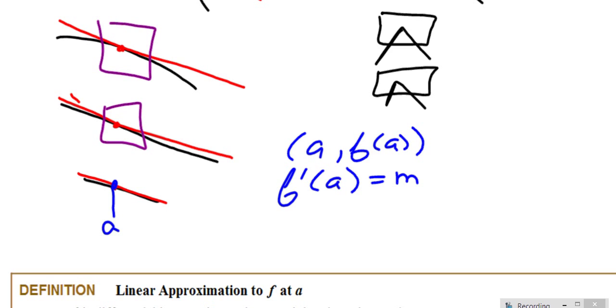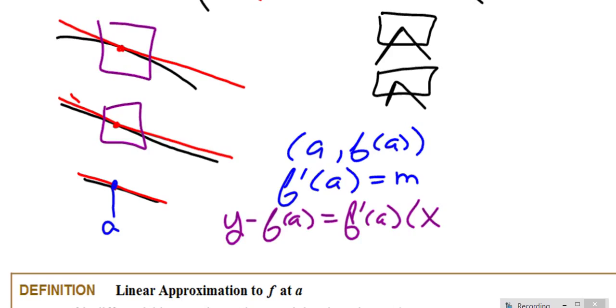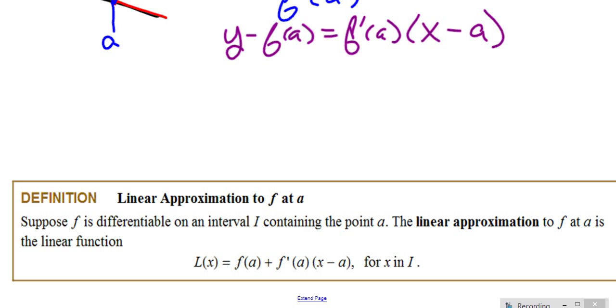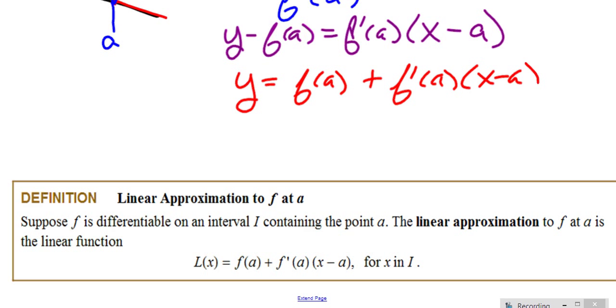So using point and slope, I'm going to find the equation of the tangent line, saying y minus f of A is equal to the slope, f prime of A, times the quantity x minus A. And if I use this, I'm just going to move my f of A over, and I get the equation y equals f of A plus f prime of A times the quantity x minus A.